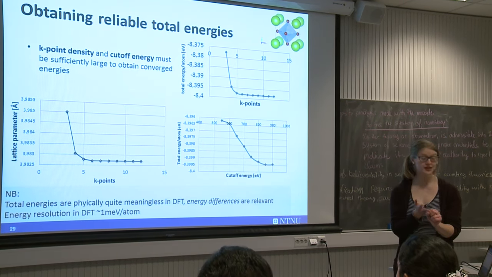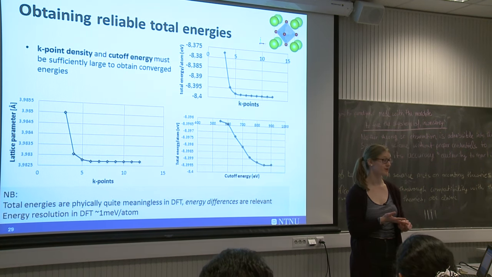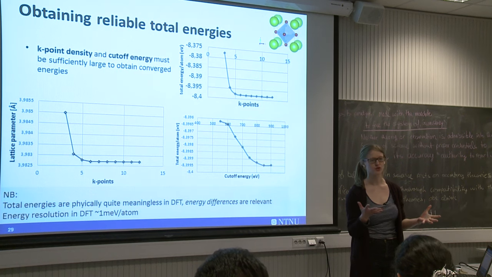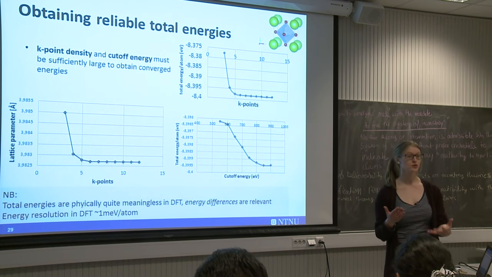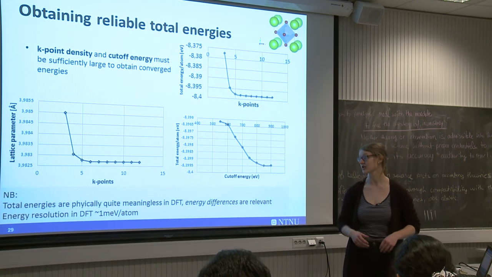Okay, so two things we talked about, the K-points and the cutoff energy, and it's important to test convergence of that. You always have to do these convergence tests when you implement a new material system in your calculations.